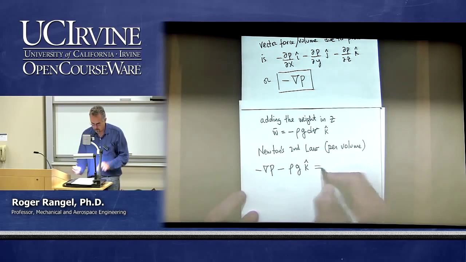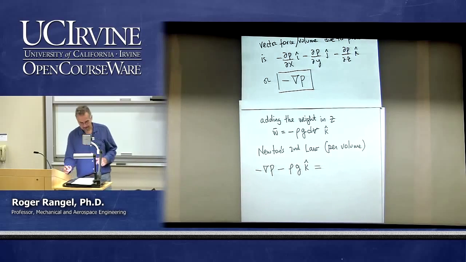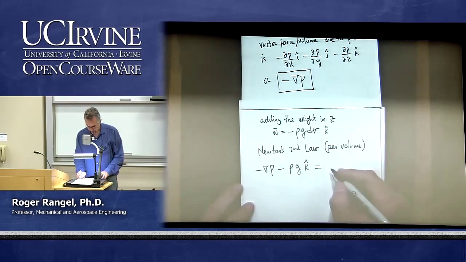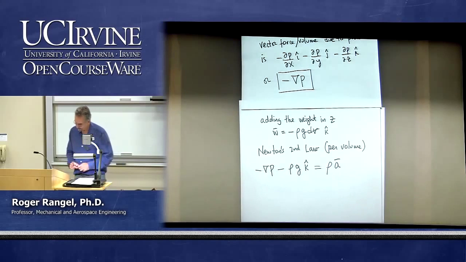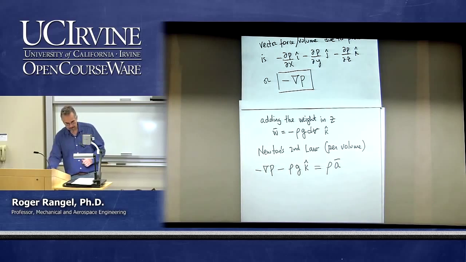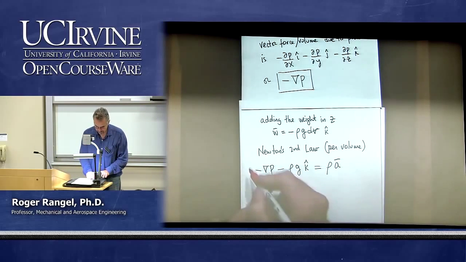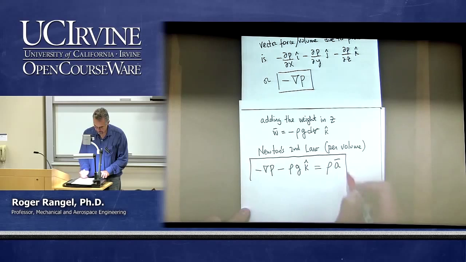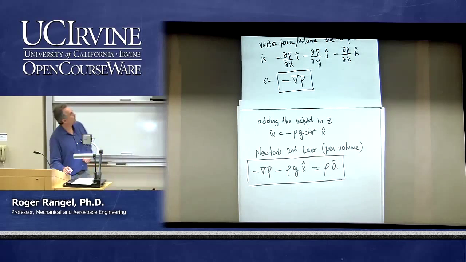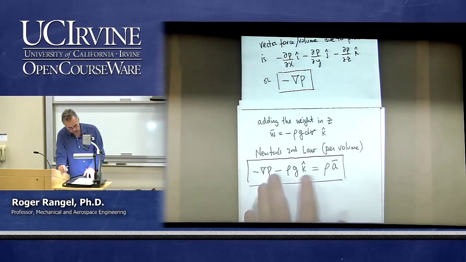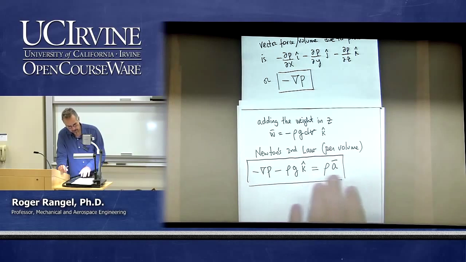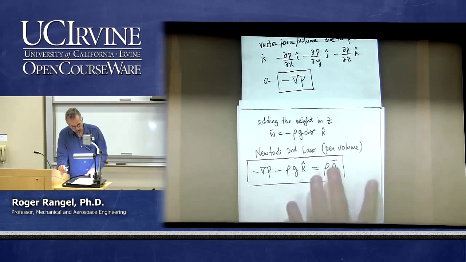And of course this is equal to m a, but I'm dividing by the volume, so it's just the density times the acceleration. And this equation is a very important one for us. It's Newton's second law written per unit volume. So it's essentially the sum of forces per unit volume equals mass times acceleration, but per unit volume for a fluid.